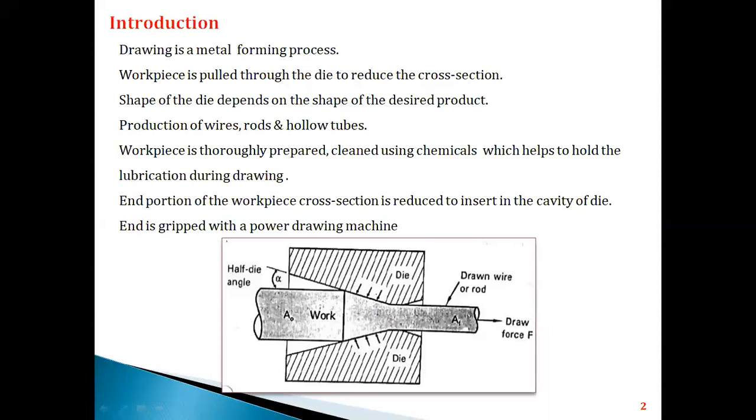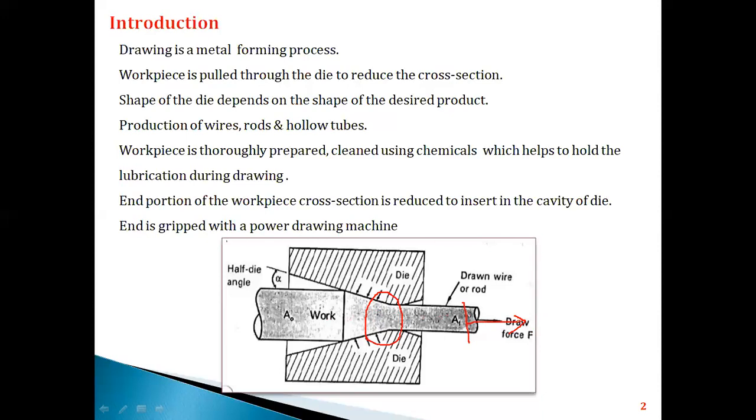Here, if you observe, this is the die cavity. The end portion of the workpiece is reduced in cross section and forced to enter into this die cavity. After the workpiece passes through the die cavity, we apply the pulling force to this work material, so that the entire workpiece cross section goes on reducing and we get the desired product.